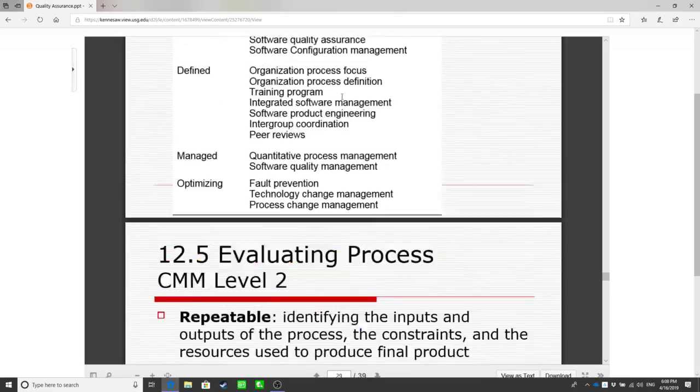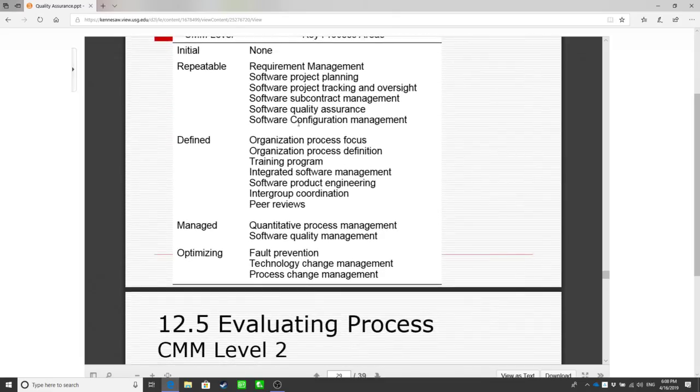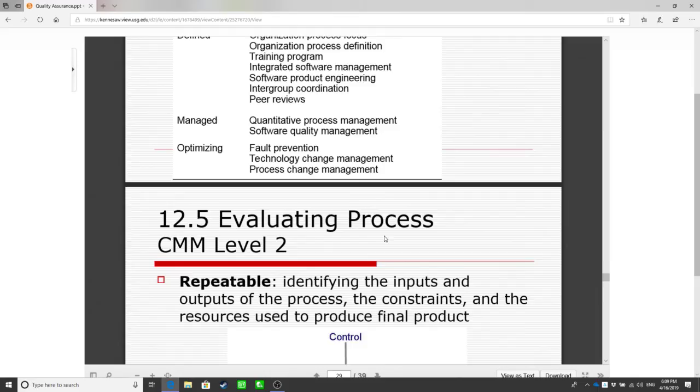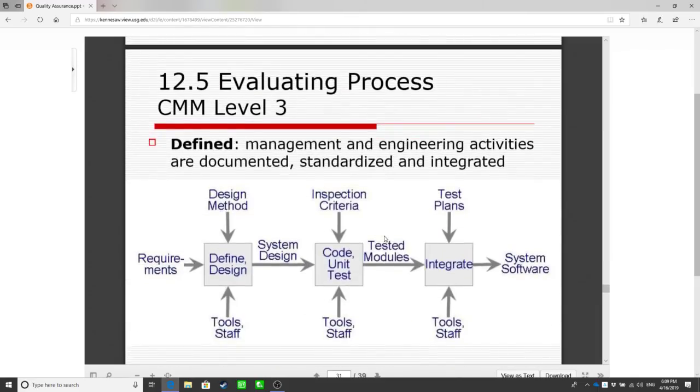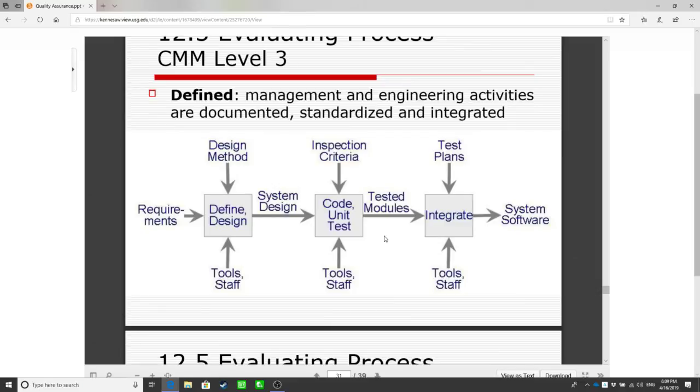Let me show you. 2 is repeatable, 3 is defined, and 4 is managed, with quantitative process management and software quality management. So 4 is called managed. Imagine what is in there in 4. More boxes? Well, kind of. We need more boxes to specify more stuff to the process.